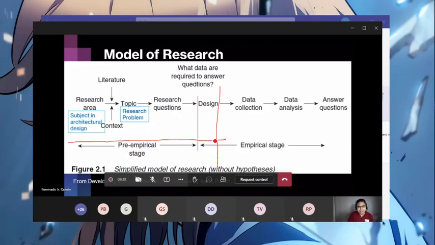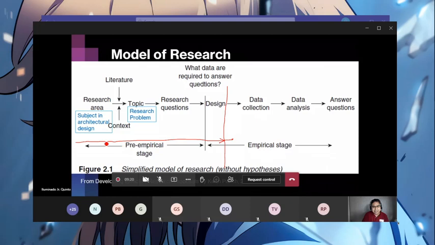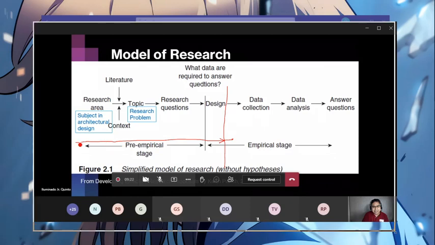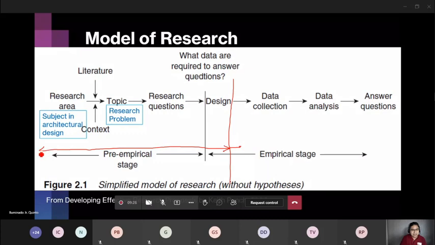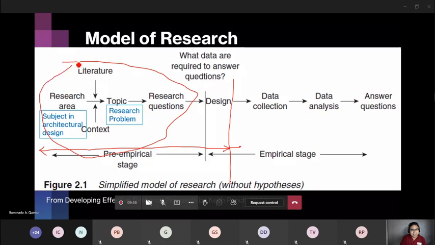So from review of literature to research area, context. Now, actually, this review of literature, this whole thing, is the introduction, and this one is the methodology.